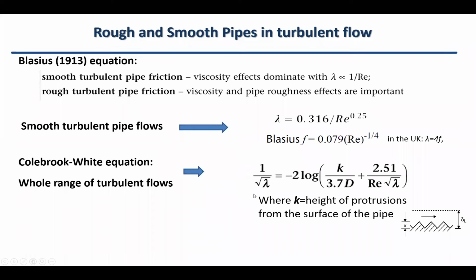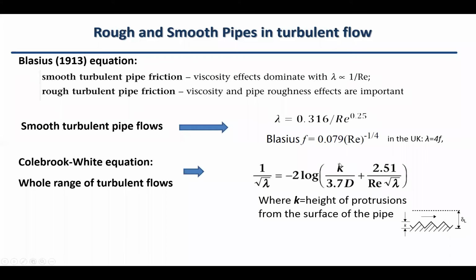We can solve it by trial and error or other numerical methods, which we will go through in examples in this chapter. The left-hand side is 1 over the square root of lambda, equal to minus 2 log at base 10 of a bracket, inside which one term is k over d, the relative roughness.